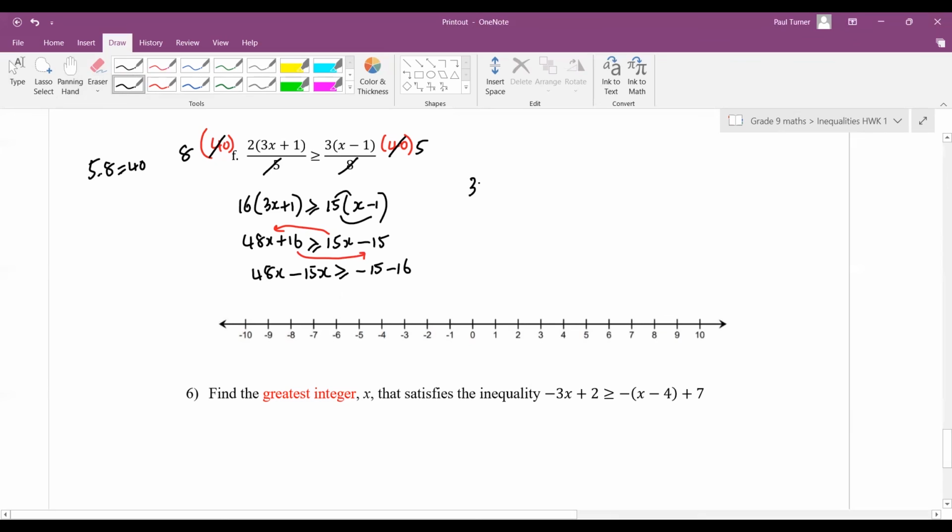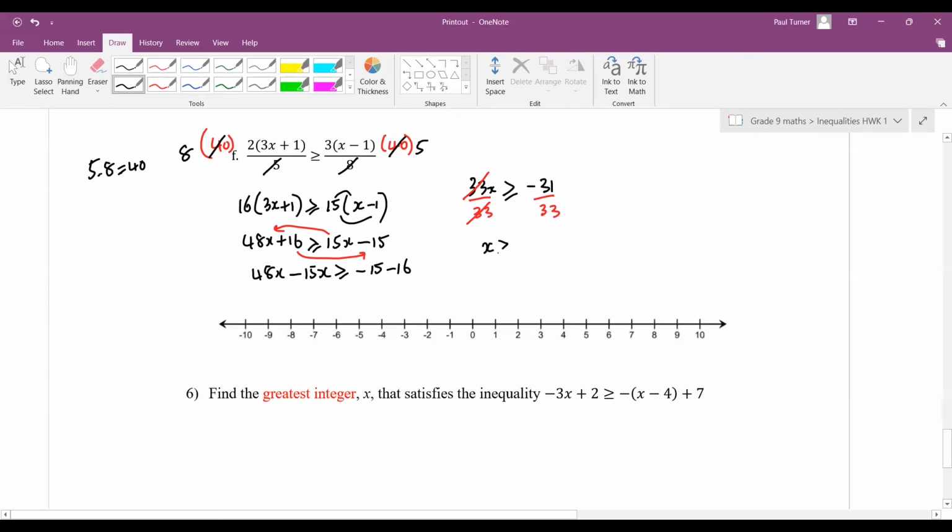33x greater than or equal to minus 31. Okay, so now you've got a bit of an ugly fraction to deal with, but not a real problem. So then just divide both sides by 33, like that, cancel your 33.